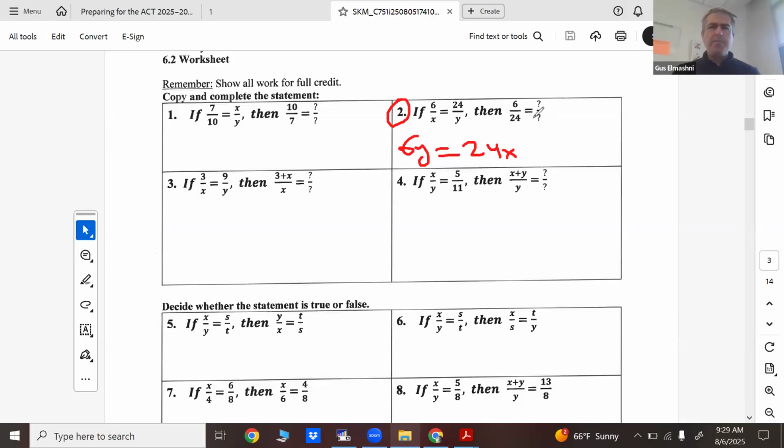Does that make sense so far? Well, what does the question want? 6 over 24, right? We want 6 over 24. And then you divide by y.